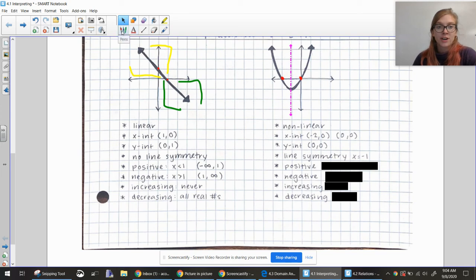Next, let's look for where the graph is positive. The graph here is positive in two places. It's positive before it drops below the x-axis, and it's positive when it comes back up. So we're going to write that as it's positive when x is less than -2 or when x is greater than 0, because it's above the x-axis here and above the x-axis here.